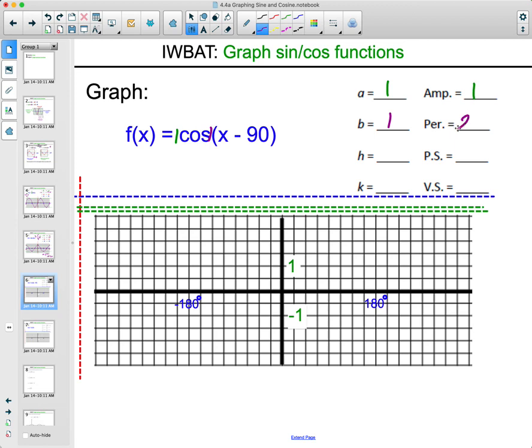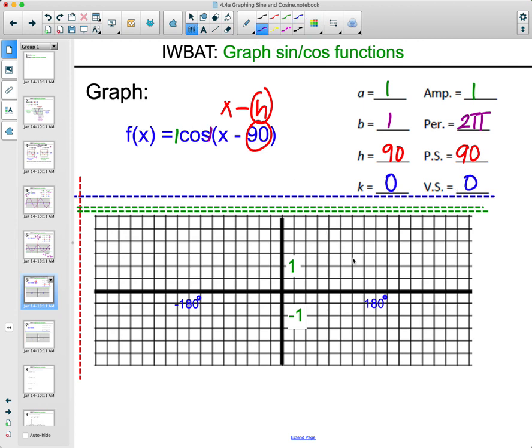So period is 2 pi. H value is 90, not -90, because remember it's x minus h. So the h value is 90, which means that there is a phase shift of 90 degrees, and this will go to the right. And then k value, number outside here, nothing, so 0, so vertical shift is 0.